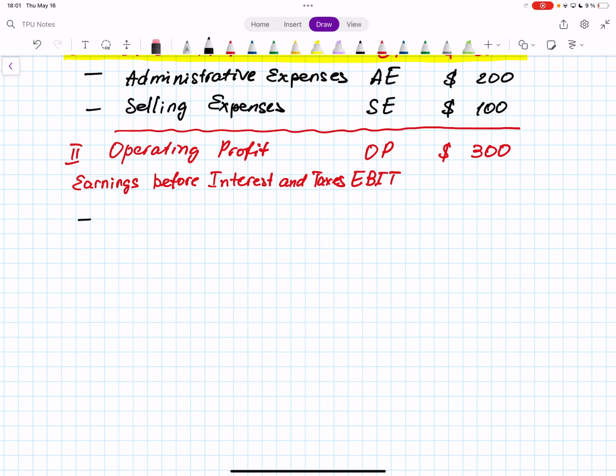Next one. We have financial expenses. Financial expenses, they consist of two elements. On the one hand, each company can earn something through the financial activities.